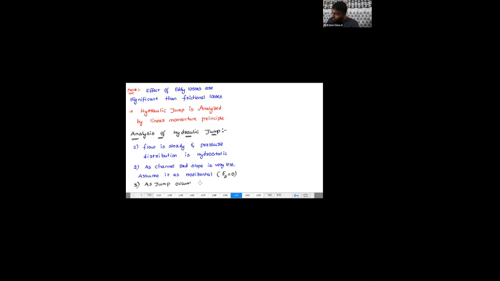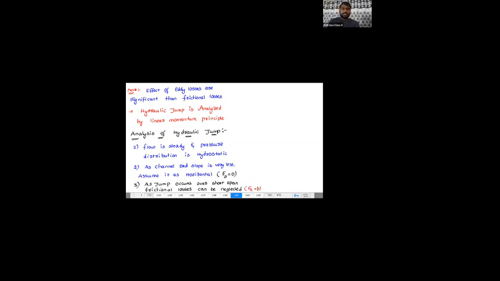Over a short span, frictional losses can be neglected. So when the frictional losses are neglected, then the resisting force is equal to 0.